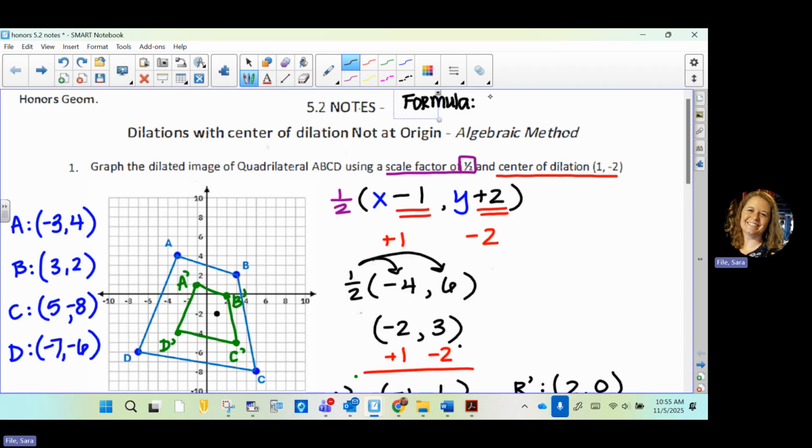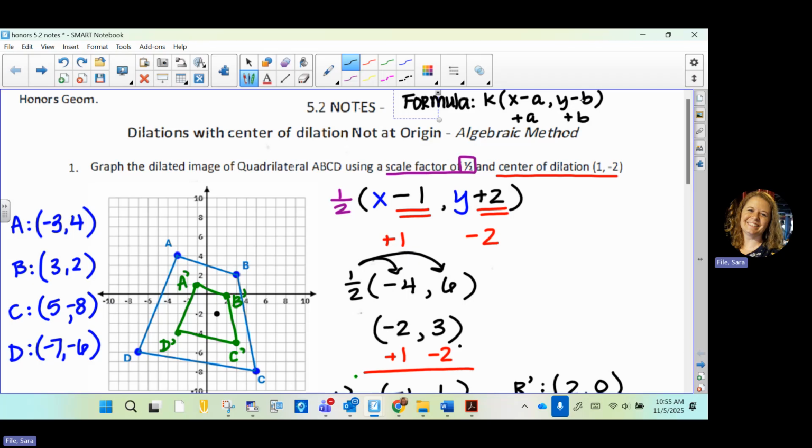Your scale factor is going to be called K. Then you're going to have your X and your Y if you're given a pre-image point. Then you're going to be doing the opposite, so subtracting whatever your center of dilation is. We'll call it A, B. Then at the end, you add back in that A and B. So if you want to write it down like that, you could.